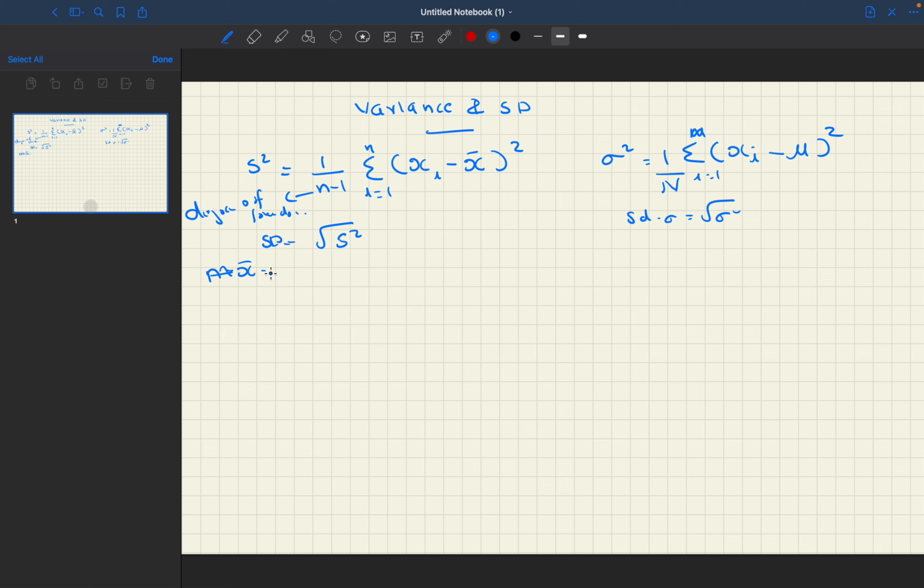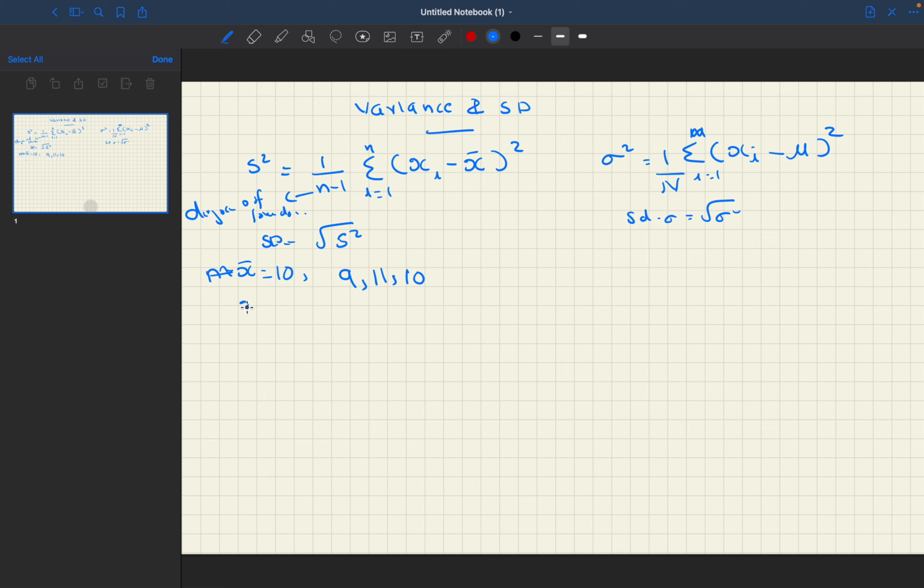If we have 3 points, and the first one I have selected is 9 and the second is 11, then to get this mean of 10, the third data must be 10, right? So 9 plus 11 is 20, and 20 plus 10 is 30. 30 by 3 is equal to mean 10.